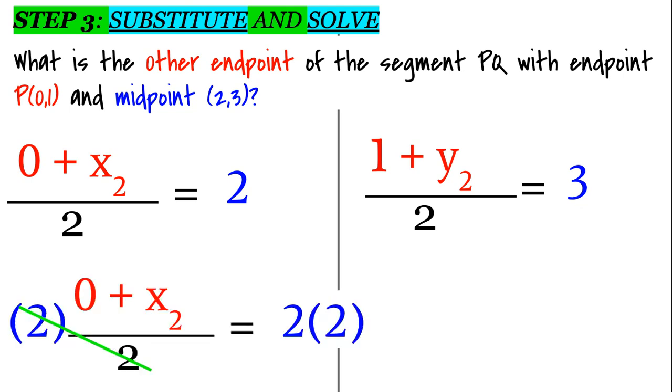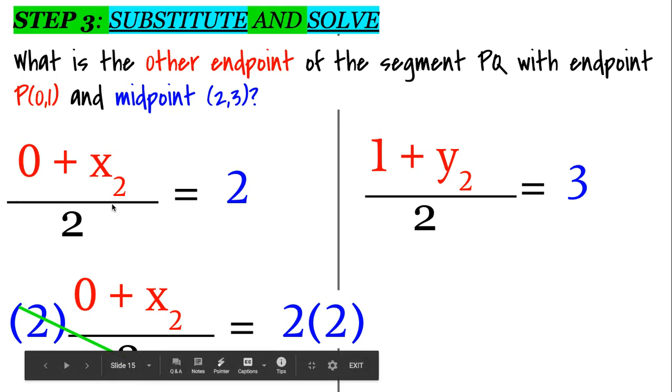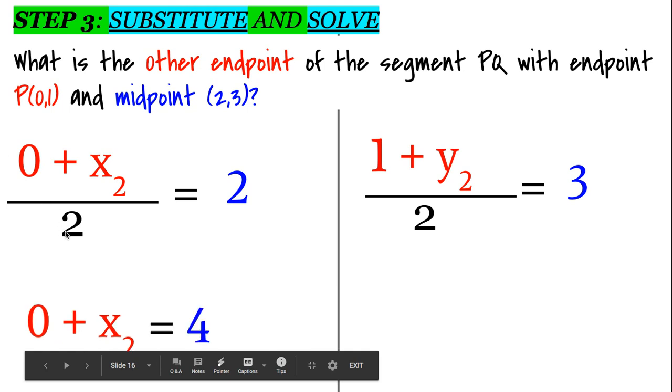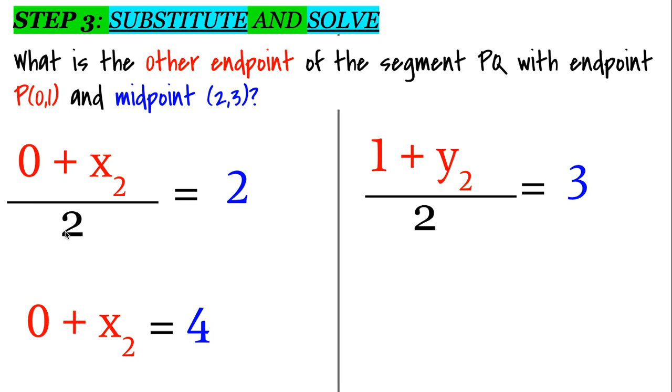The next step is to solve. We need to use inverse operations to start cleaning up this left side of the equation and try to solve for our missing value, our variable. We can see that it's divided by 2, so we'll multiply by 2 on both sides to get rid of this 2. When we do that on the left side, we have 0 plus x2 equals 4.